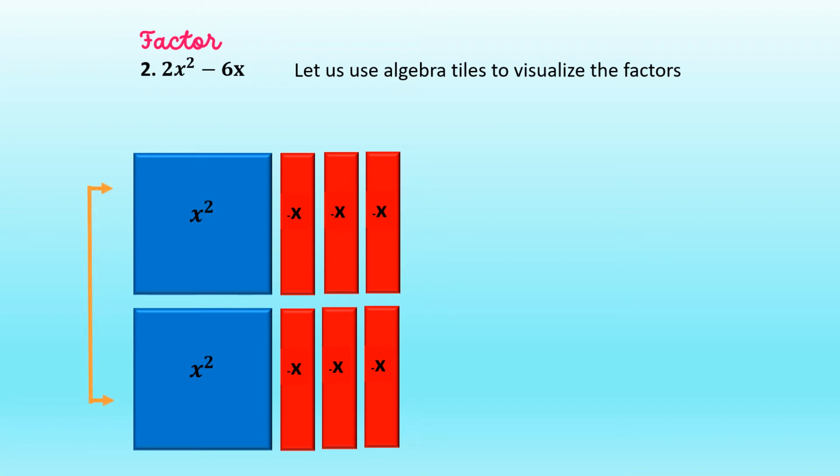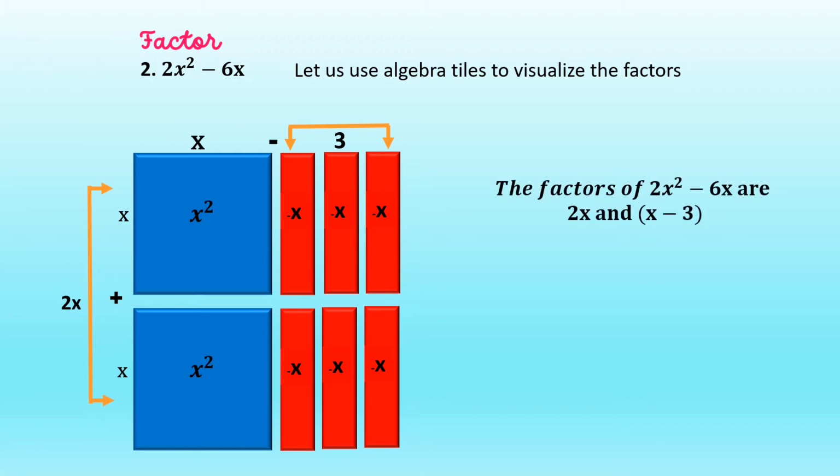To represent the two sides of the square tiles, we have x plus x is equal to 2x. On top, we have another x for each side. And since we have 3 columns of red tiles, we have negative 3.